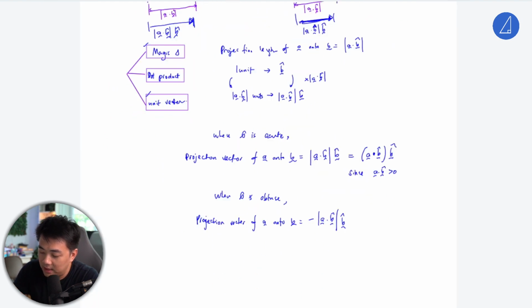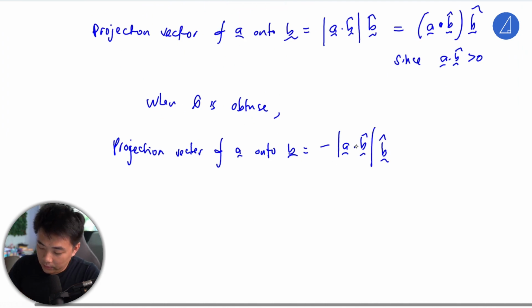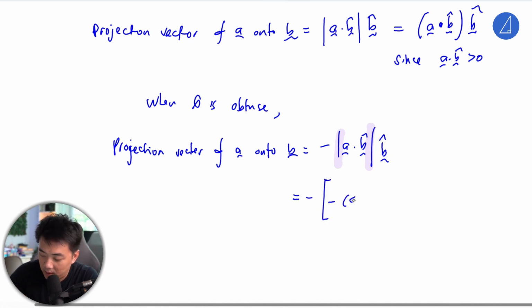Okay, so in this case, what we need to understand is that when theta is obtuse, we know that A dot B is negative, right? So in order to make this positive, there are a few ways of looking at it. Because this has to be positive, in other words, we have a negative A dot B times the unit vector.